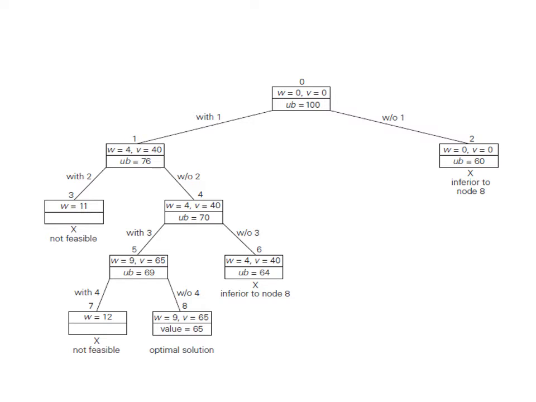The formula for calculating the upper bound is small v plus (capital W minus small w) into V(i+1) by W(i+1). So small v is 0, plus capital W is 10 and small w is 0, into V(i+1) by W(i+1), which represents the value by weight ratio of item 1.